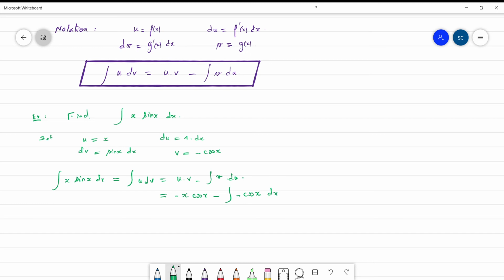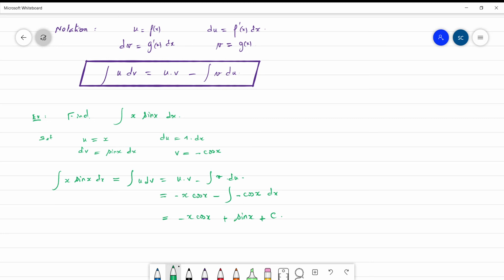Now I know how to compute this antiderivative. So minus x cosine x plus the antiderivative of cosine, which is sine, plus a constant. The derivative of sine is cosine, which we have here. So you see how practical it is.